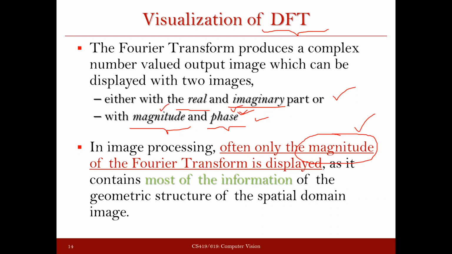For plotting, magnitude gives us good information, but to get the original signal back from the Fourier transform, we need both magnitude and phase. So either we need the real and imaginary components, or the magnitude and phase of the Fourier transform, to get the original signal back from the Fourier domain to the spatial domain.